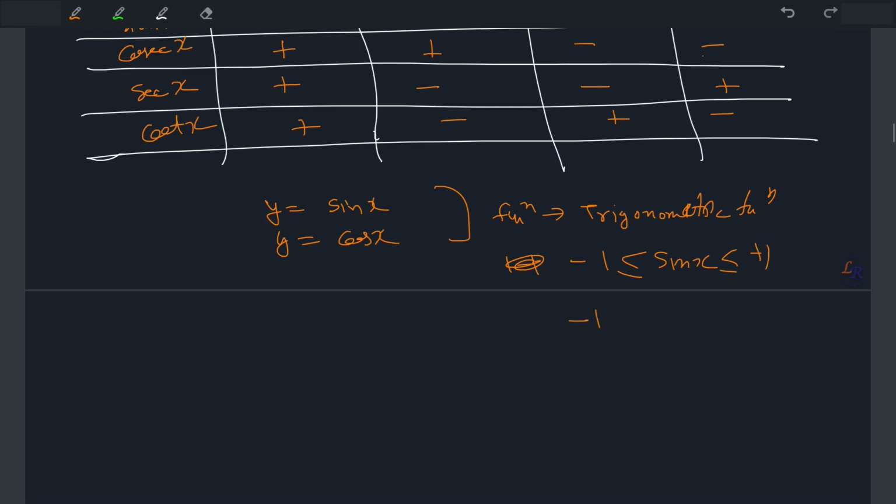Similarly for cos, -1 less than or equal to cos x, less than or equal to +1. If you talk about the domain of y is equal to sin x or cos x, whichever function you take, it can be all real numbers.